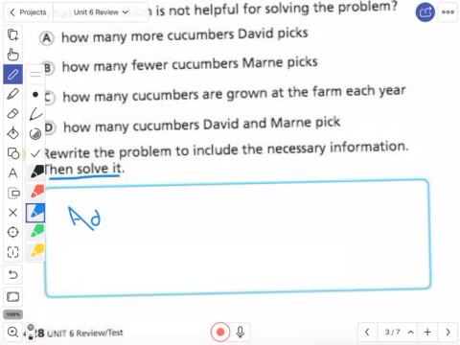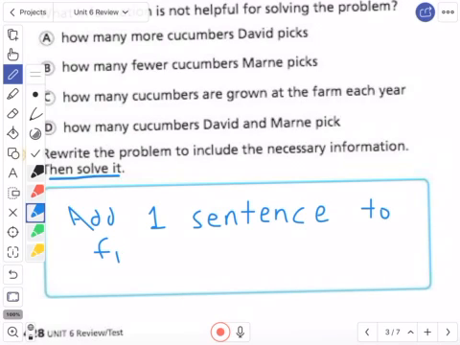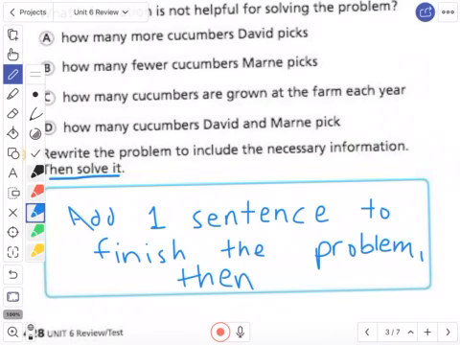You need to add one sentence to finish the problem. Then solve it. Okay, I'll see you back.